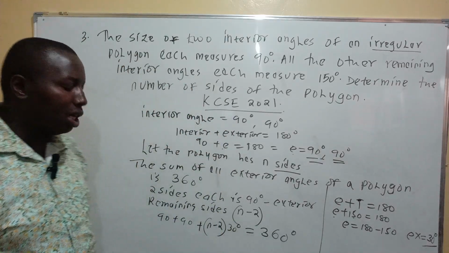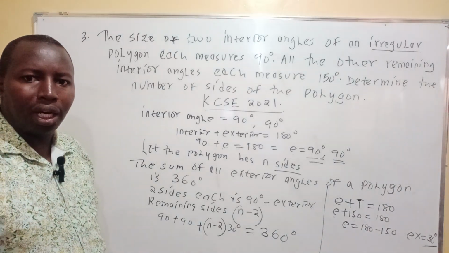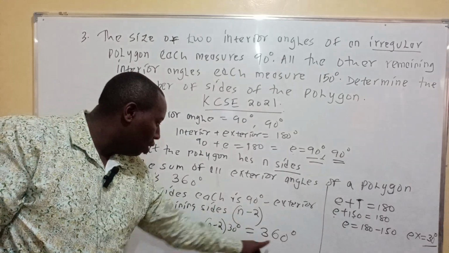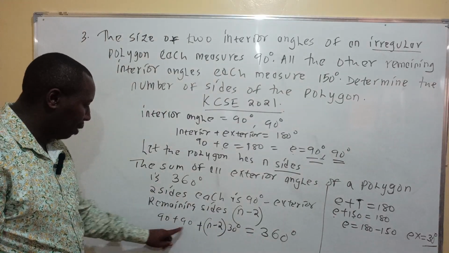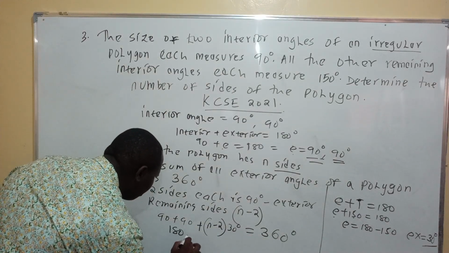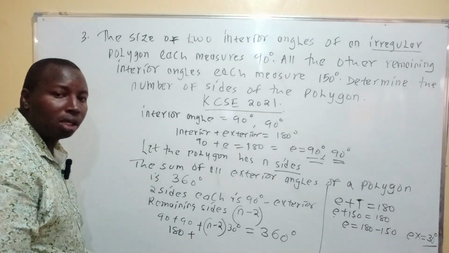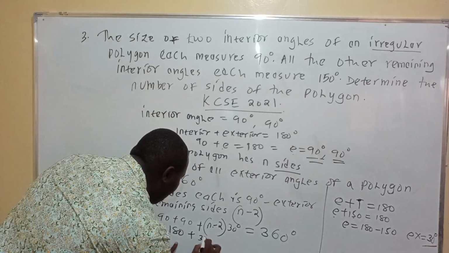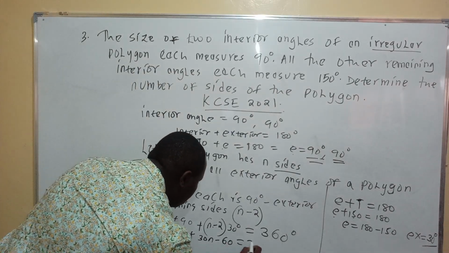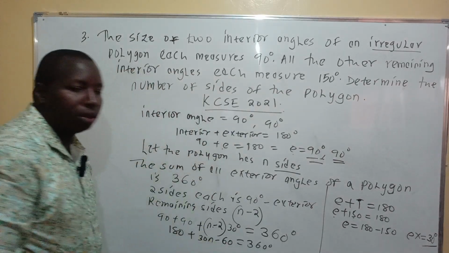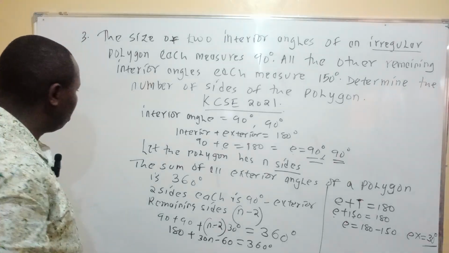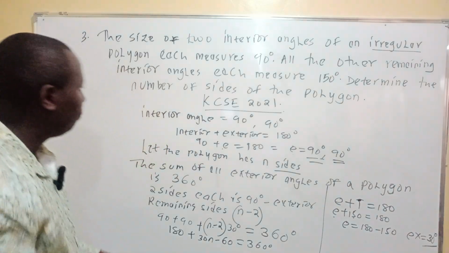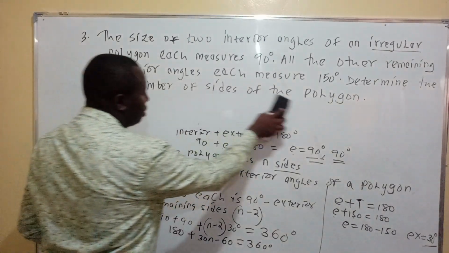You form an equation and find the value of n. 90 plus 90 is 180, plus 30 times n minus 2, equals 360.